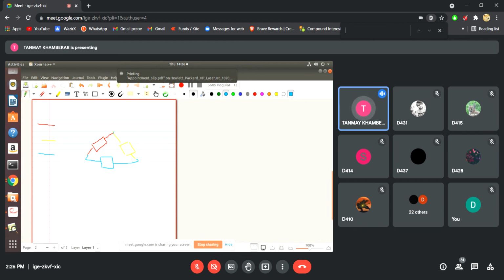This is our R point, this is our Y point, and this is our B point. So we will connect R to R, Y to Y, and B to B.